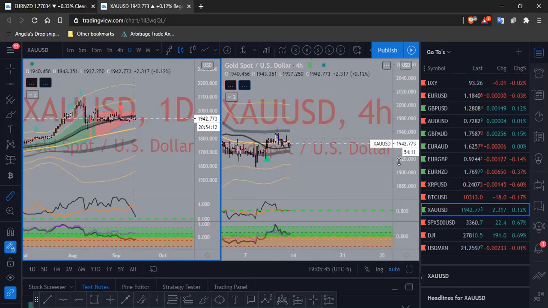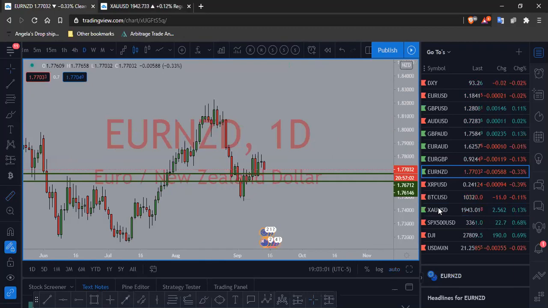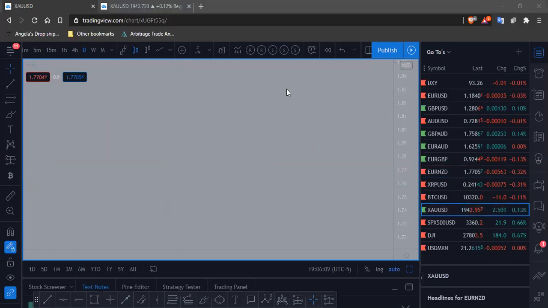Gold 4 hour time frame. Wait, I'm not even looking at this first. What am I doing? GBUSD bullish breaker detected.